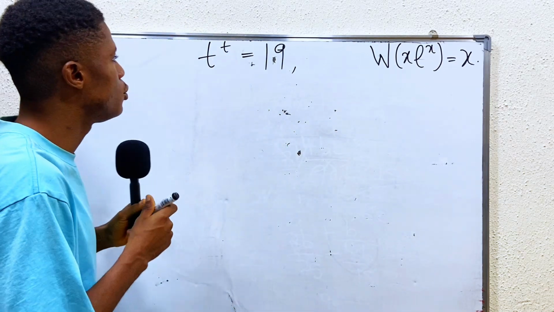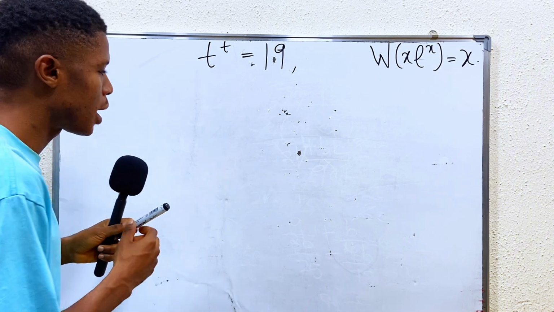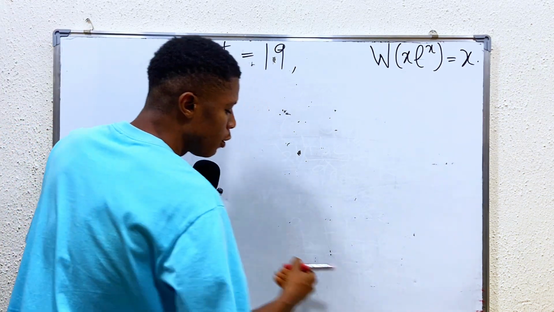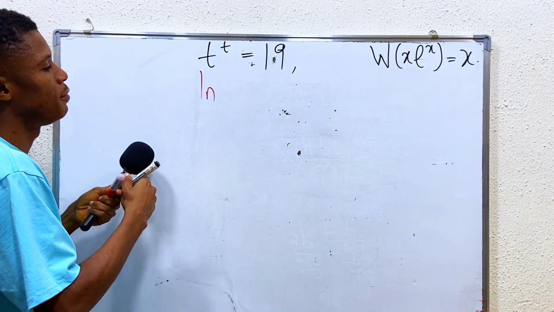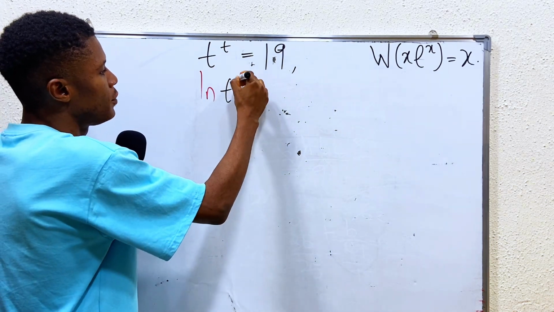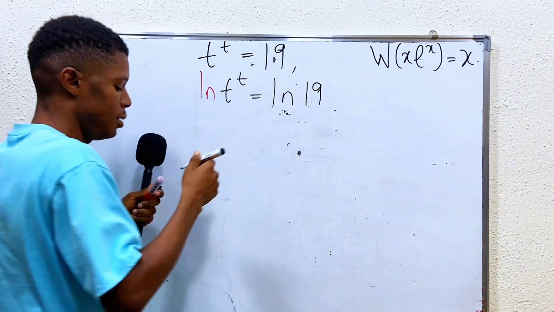The first thing we do here is to take the natural log of both sides. So we have ln of t to the power of t is equal to the ln of 19.